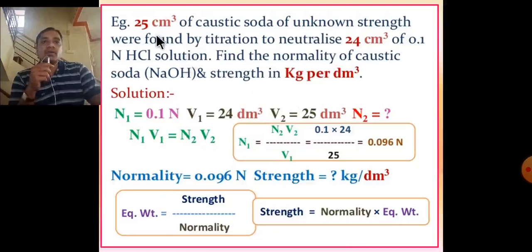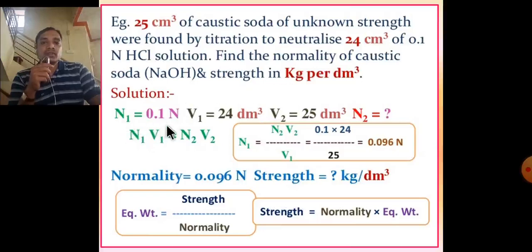Next example. 25 cm cube of caustic soda of unknown strength were found by titration to neutralize 24 cm cube of the 0.1 normal HCl solution. Find the normality of caustic soda, that is NaOH, and strength in kg per dm cube.